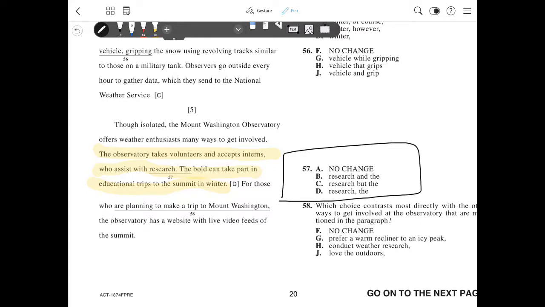So for A, it's saying no change. And when we read those two sentences together, it sounds all right. We're looking for something that will connect these two sentences together, but leaving them separate, it sounds okay. So we're going to leave that as an option. So now we're going to look at B, and I'm going to read it with option B. The observatory takes volunteers and accepts interns who assist with research, and the bold can take part in educational trips to the summit in winter.